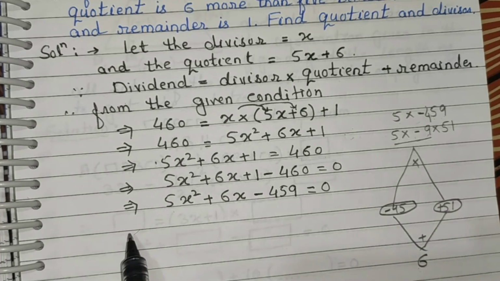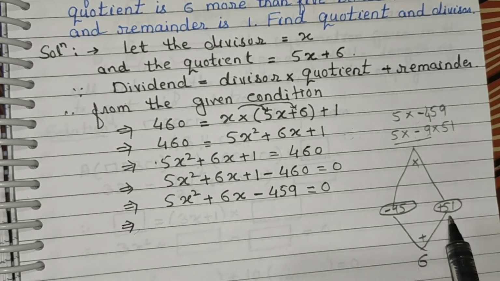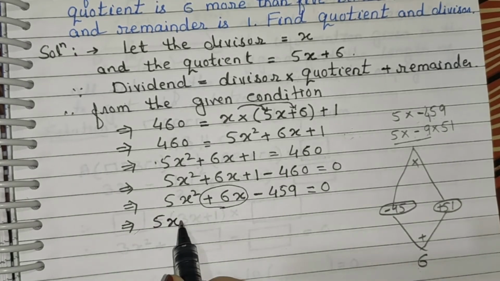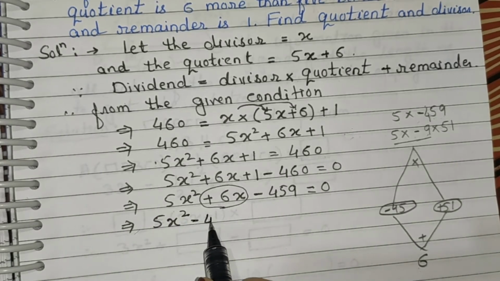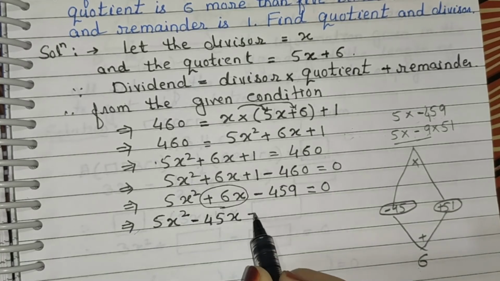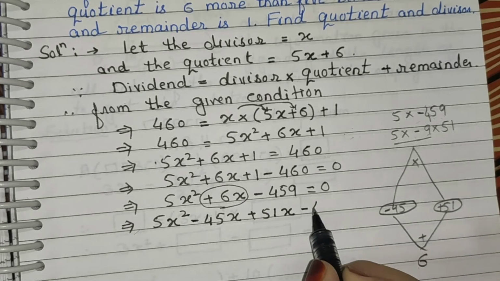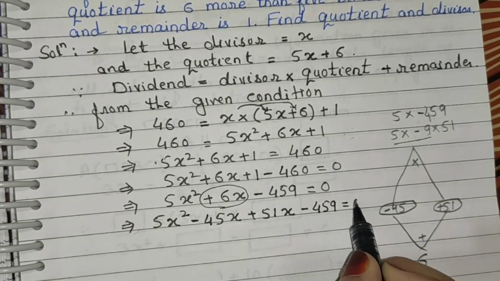Therefore we get the numbers minus 45 and 51. Now split the middle term, we get 5x square minus 45x plus 51x minus 459 is equal to 0.